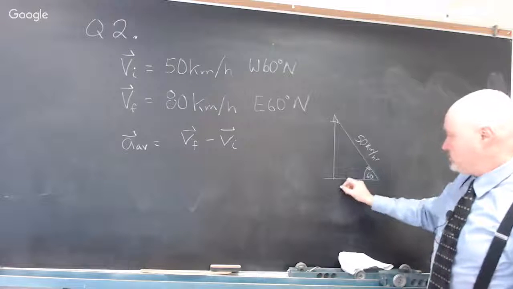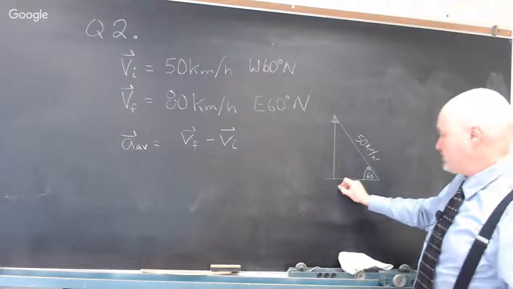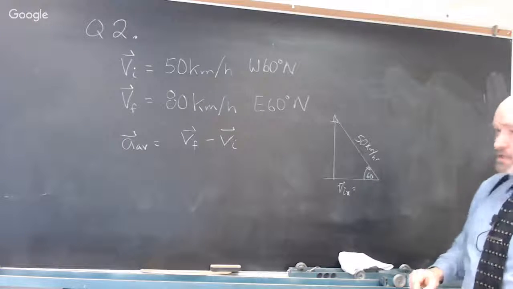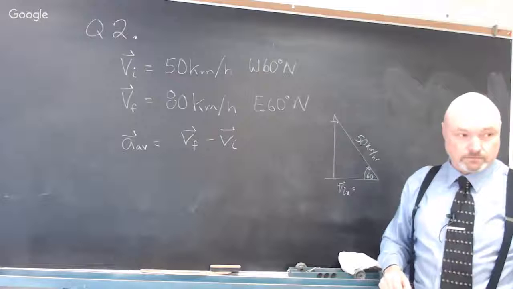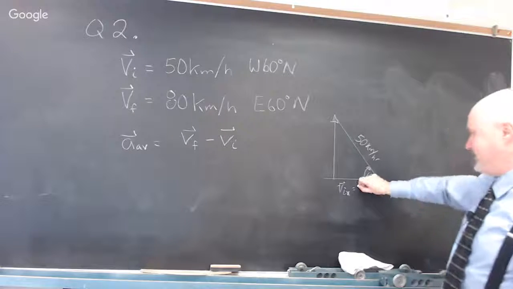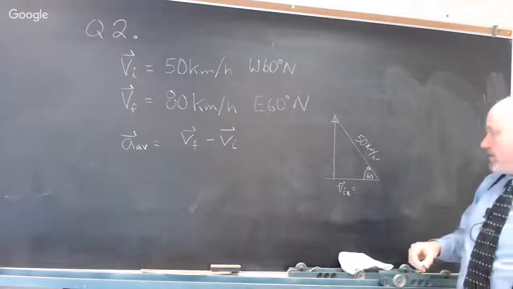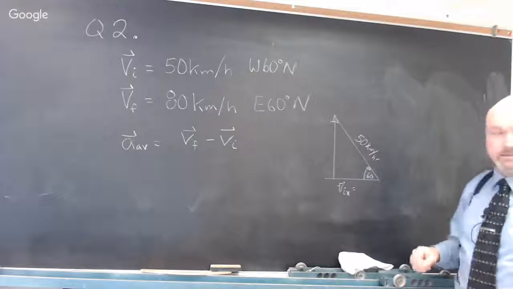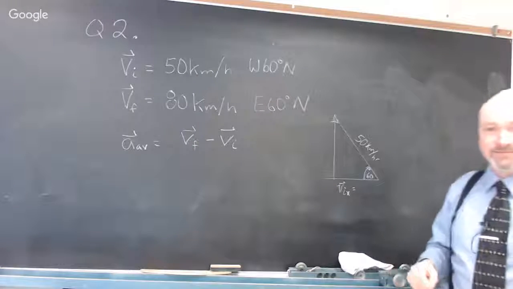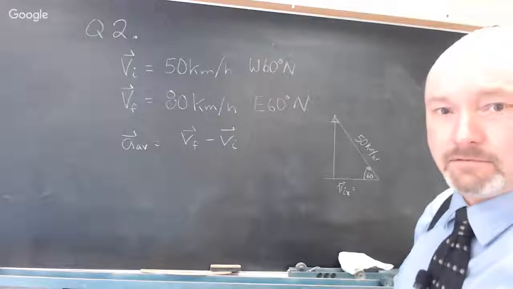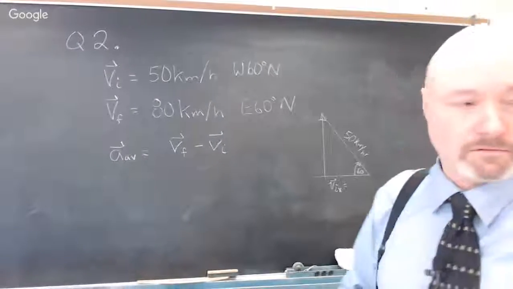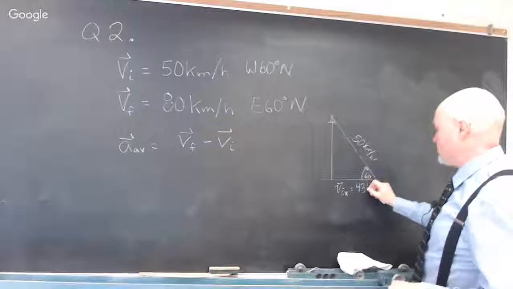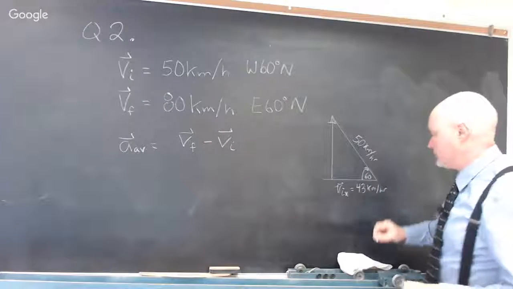So the initial velocity in the x direction is, we're just going to do 50 times cosine of 60. In other words, 0.8664 times 50. So 43 kilometers per hour.